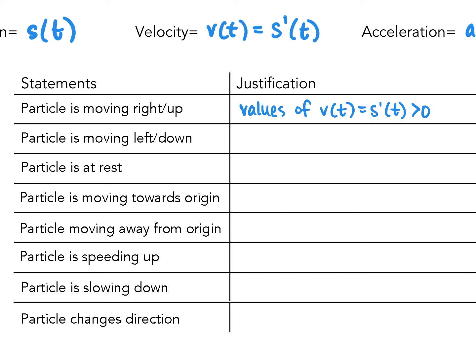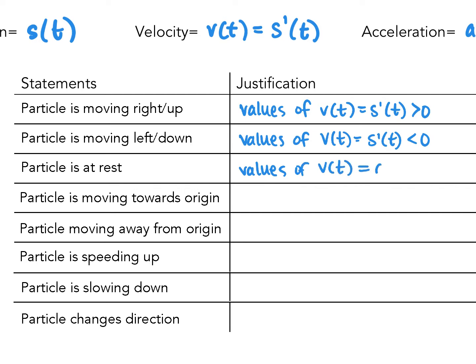Okay, please eliminate the word it from any of your statements. And then moving left or moving down, that the values of the velocity, the first derivative, are less than 0. And then if it's at rest, then the values of v of t are equal to 0.